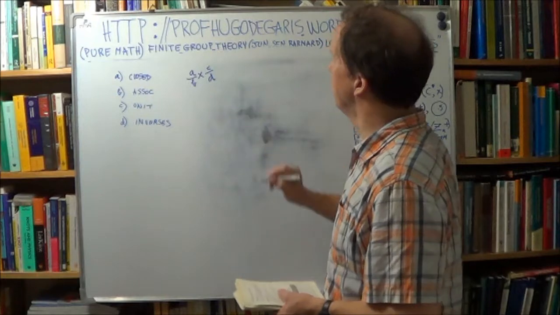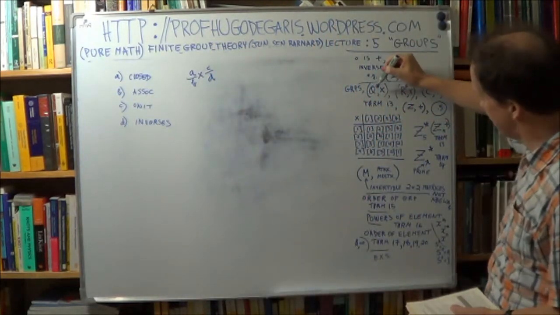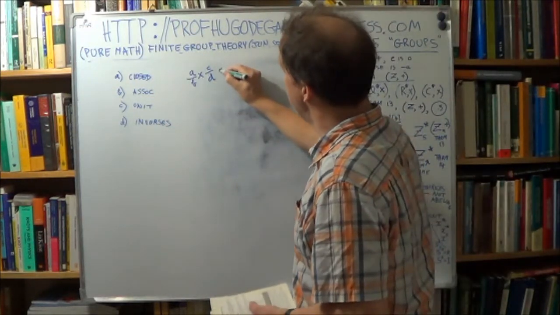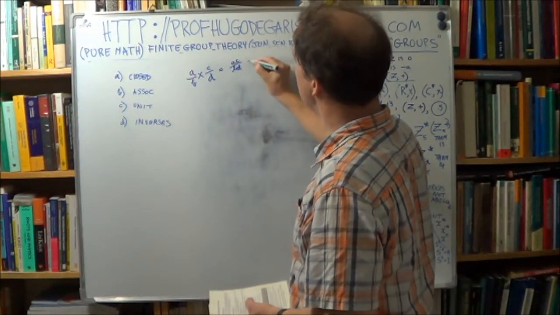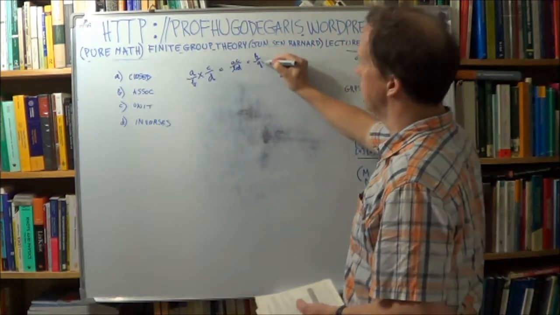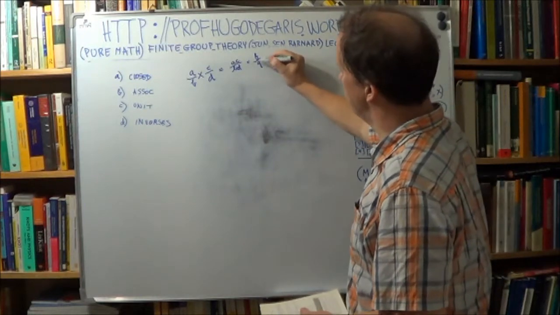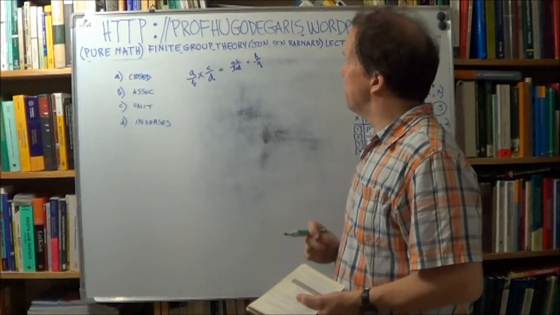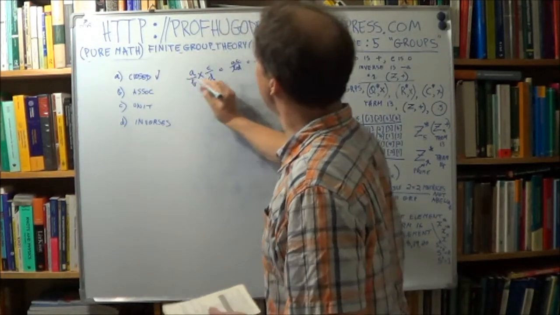So B and D are non-zero, and A and C are both non-zero because of the star here. So that is of the form AC over BD, right? Which is of the form like F over G. That's an integer, that's an integer. So the result is of the form F over G, which is, by definition, a rational number. Okay, so it's closed, right? Because that's true in general.